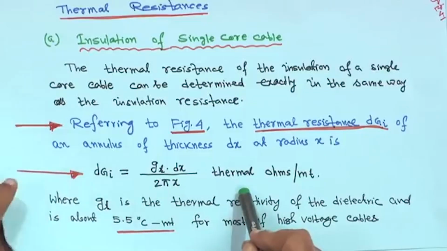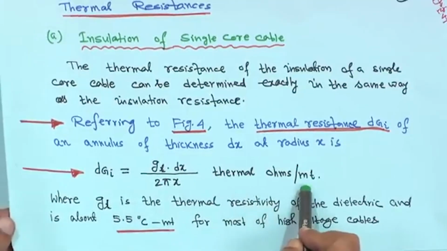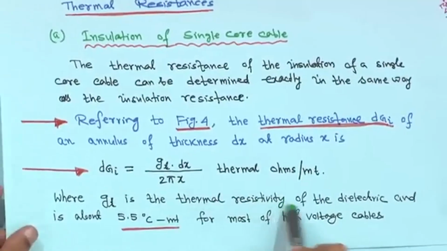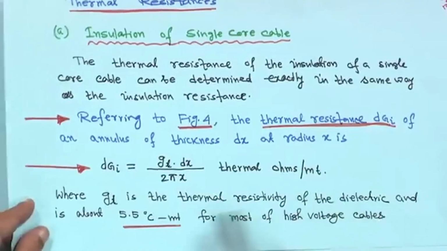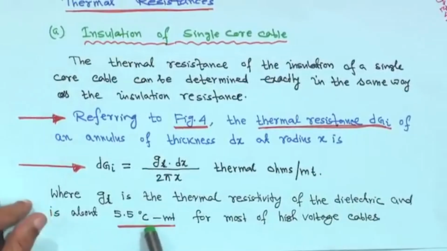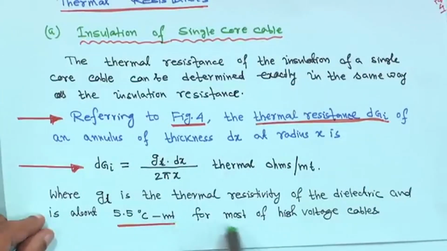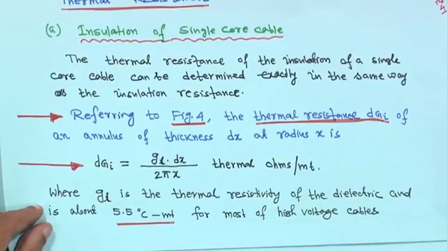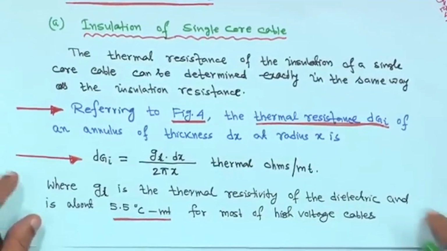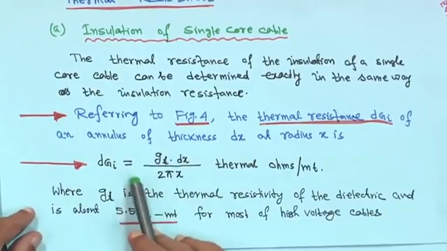We are representing it in thermal ohms per meter, where GL is the thermal resistivity of the dielectric, whose value is about 5.5 degrees centigrade meter for most of the high voltage cables. So, this is your thermal resistance.